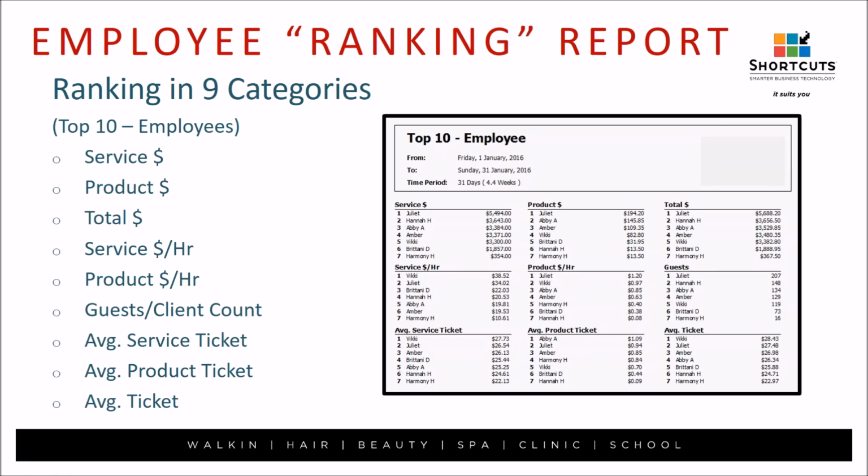That's how many clients the employees are bringing into the business, and who's bringing the most in, or turning it over. The other categories are the average service ticket, the average product ticket, and then the average ticket. Ticket is like your client that's been checked through.